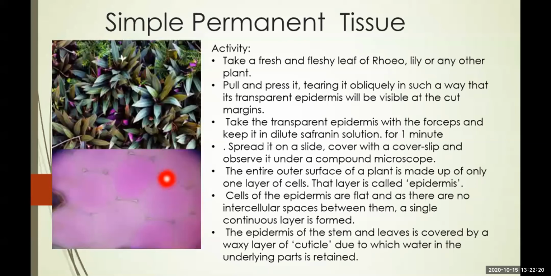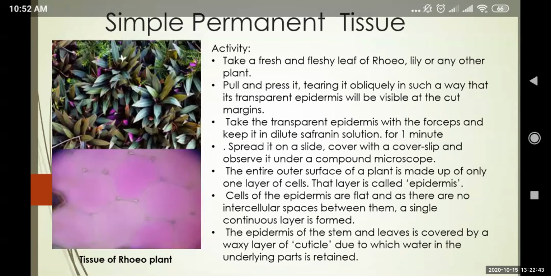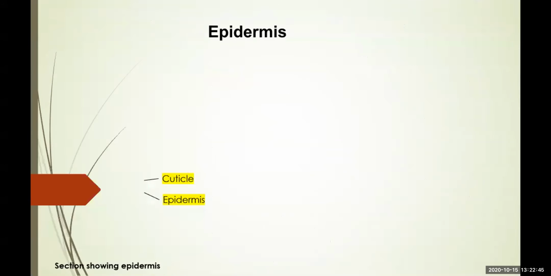You can also see that there is no space in between these cells. And this pink color that has been stained due to safranin is the cytoplasm of this cell. So these are live cells with rich cytoplasm, compactly arranged. You can also observe that it contains only one type of cell.